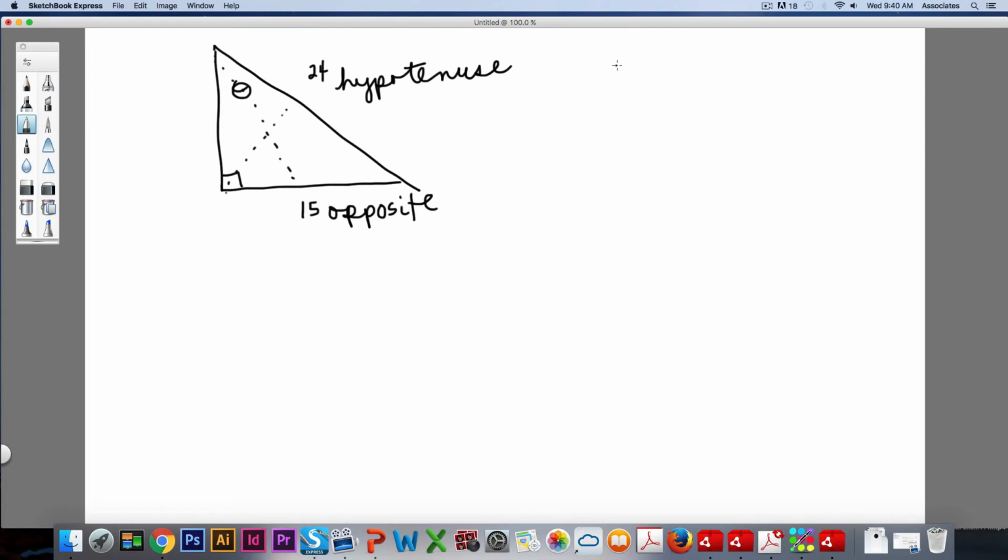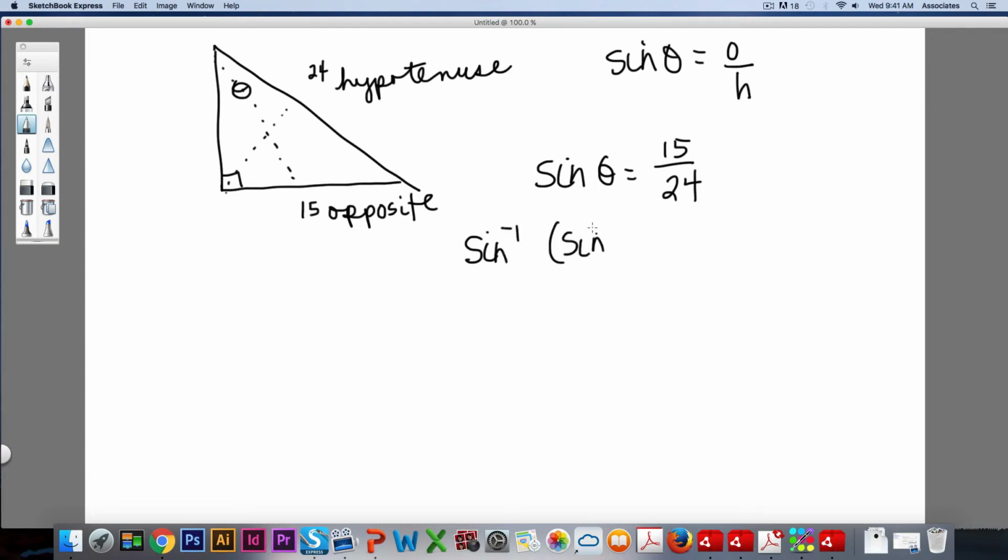So I know that's going to be sine, because sine of theta is the opposite over the hypotenuse. So here we go. The sine of theta, my opposite side is 15, my hypotenuse is 24. I want to solve for theta, so I'm going to take the inverse of the sine of both sides. Take the inverse of the right-hand side.